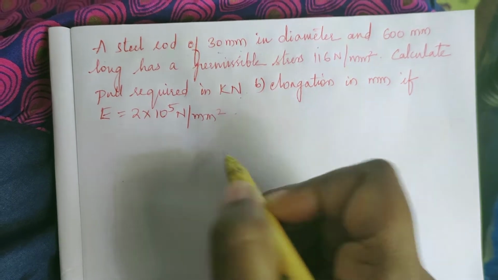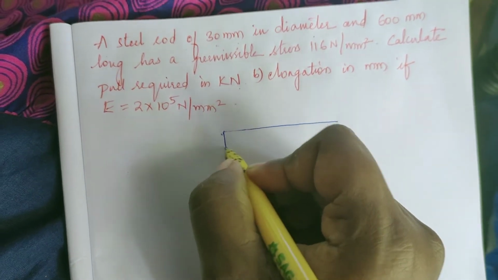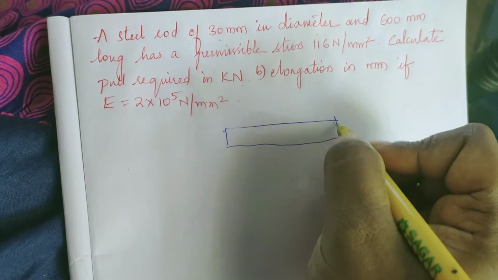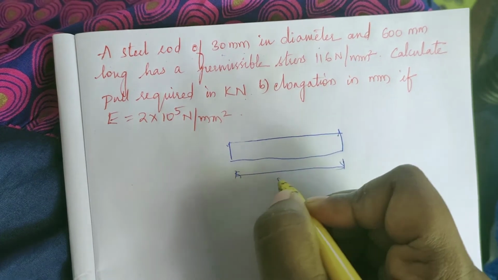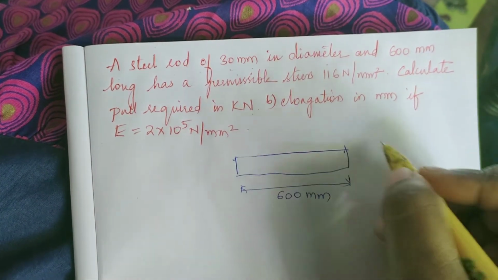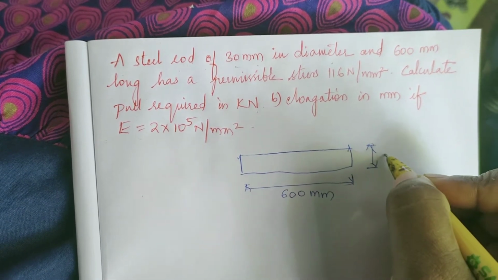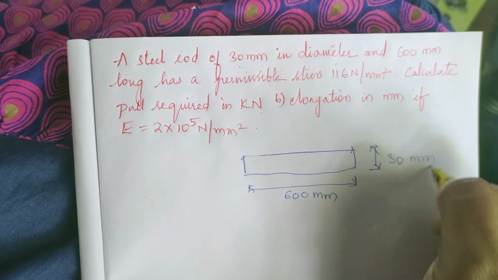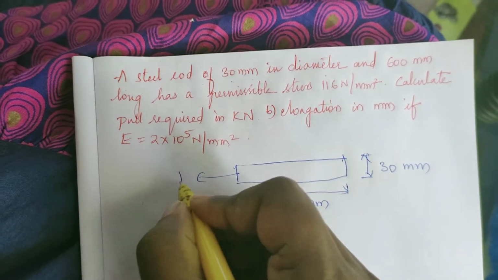So it is given that a steel rod of length 600 mm and diameter 30 mm is subjected to a certain pull.